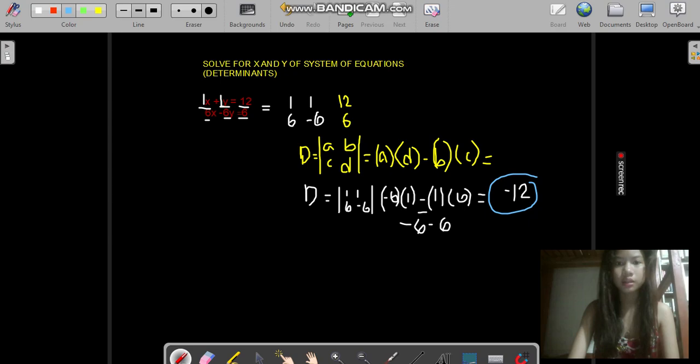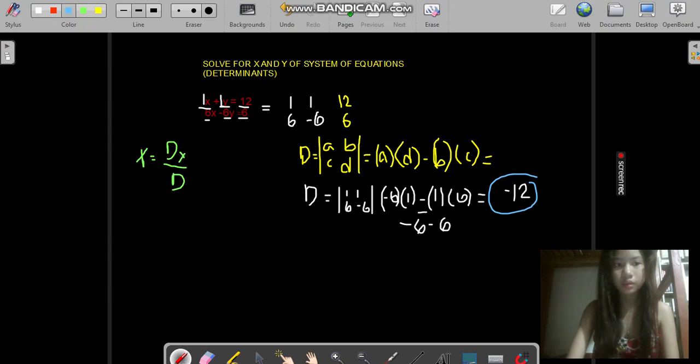So how about x and y? Let's start with x. The formula is x equals Dx over D. How about y?